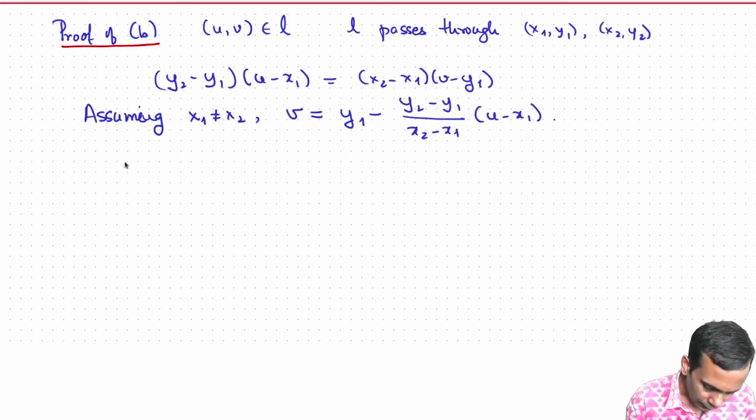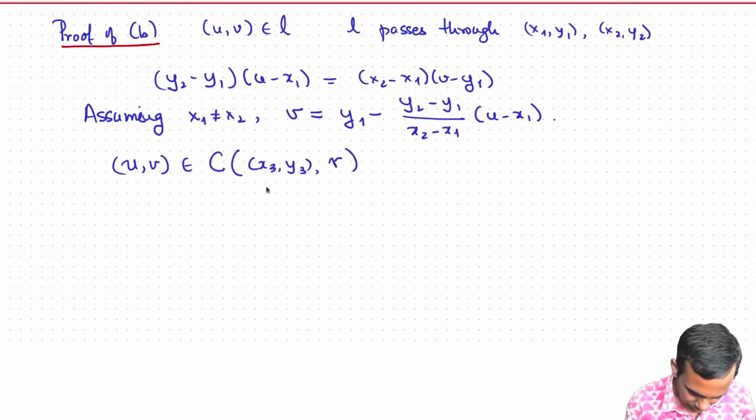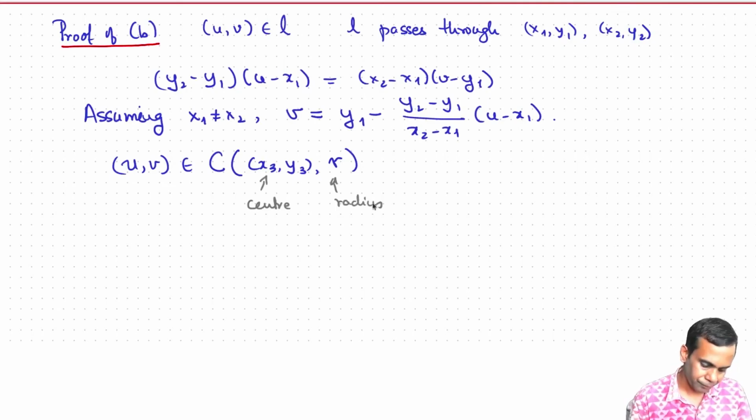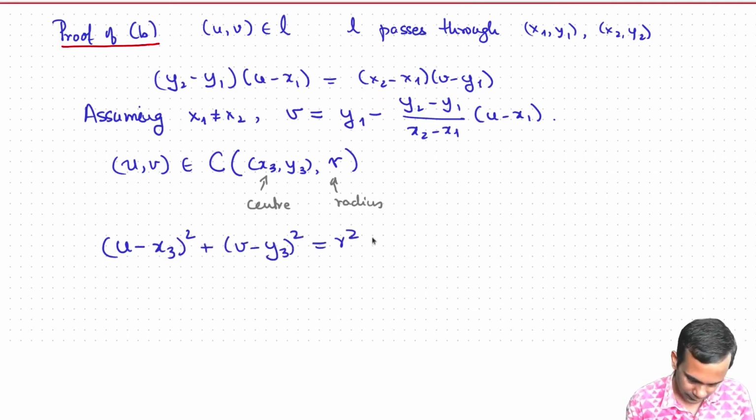And now if (u, v) belongs to the circle with center, let's say, at x3 comma y3 and radius r, this is the center and this is the radius, that's my notation, then what we know is that (u minus x3) squared plus (v minus y3) squared equals r squared.